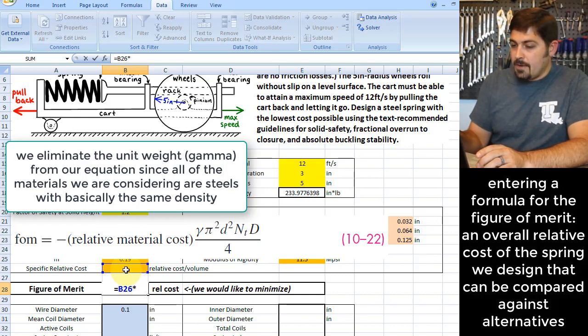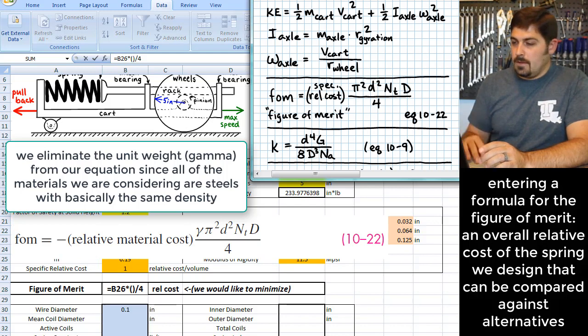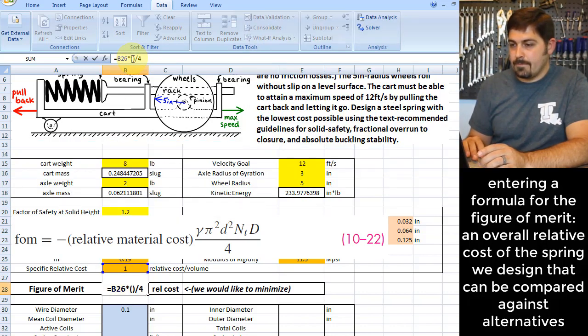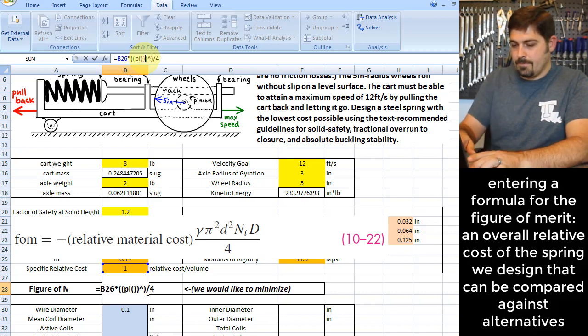All right, and then we're going to take this times a big numerator and divide by 4. If you go back and look at this equation right here, that's basically what it is. Now in the numerator we want to put pi, and pi needs to be squared.